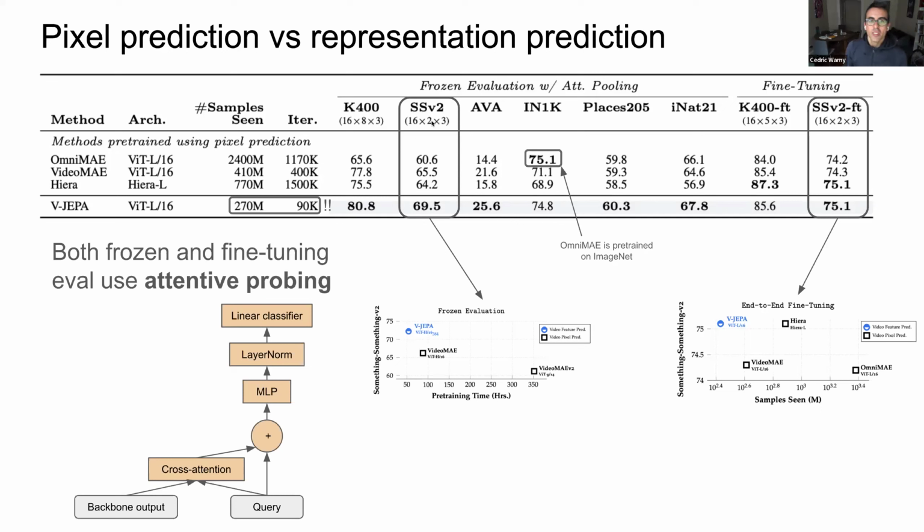So things to pay attention to in particular is that here you see that OmniMAE outperforms V-JEPA on the ImageNet dataset. But that's mostly because OmniMAE is actually pre-trained on ImageNet. So we assume that that's the reason it outperforms V-JEPA. And even though V-JEPA has not been trained on ImageNet, it's basically the same as OmniMAE.